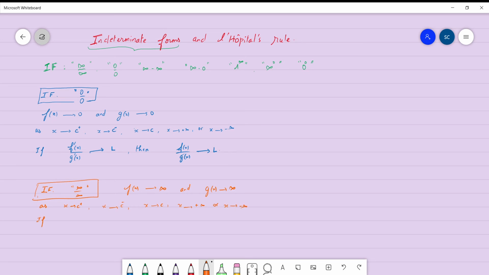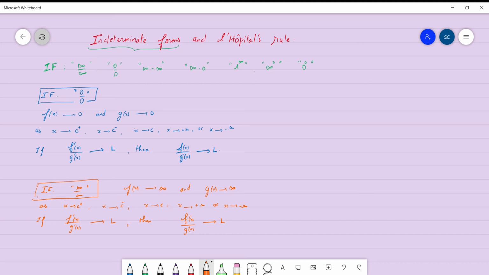Then if your ratio f prime of x over g prime of x approaches L, we can deduce that the ratio f of x over g of x approaches L, the same limit. This is what L'Hopital's rule says.